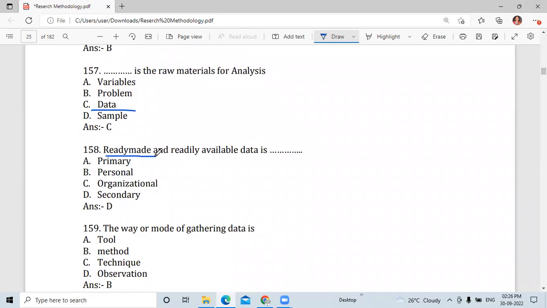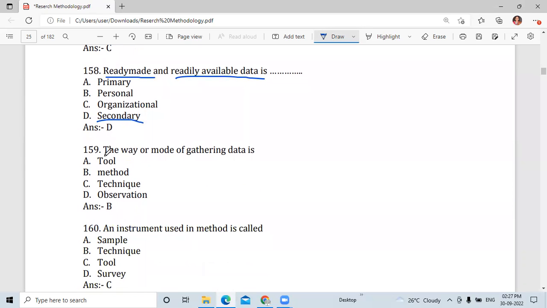Next, ready-made and readily available data is secondary. So someone has already collected the data; that is called ready-made and readily available data. The way or mode of gathering data, how you search for and collect the data, is called method.